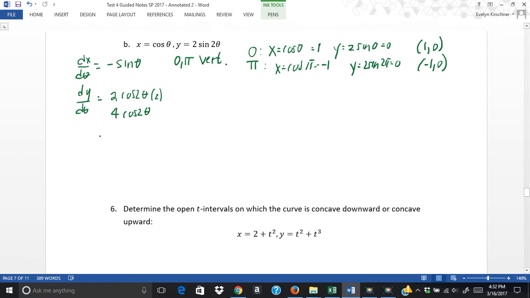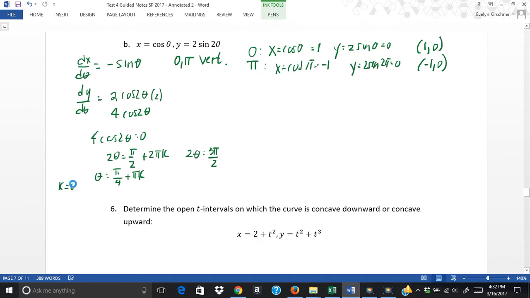Horizontal tangents are when this equals 0, so when 4 cosine 2 theta is 0, that means that 2 theta has to equal pi over 2 and 3 pi over 2. If you remember back from trig, you have to add 2 pi k, which means that theta is pi over 4 plus pi k.